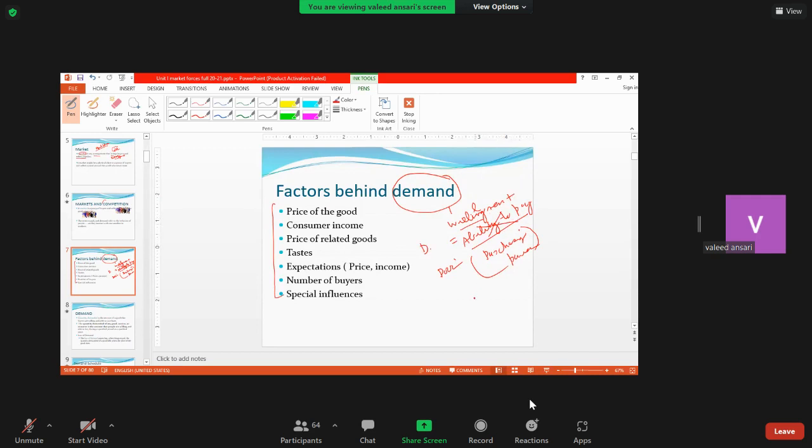They may have money, purchasing power, but they may not be willing to buy. In certain products, people may not buy, maybe because of religion, maybe certain products are considered not permitted in the religion, or because of certain other factors, they may not buy.